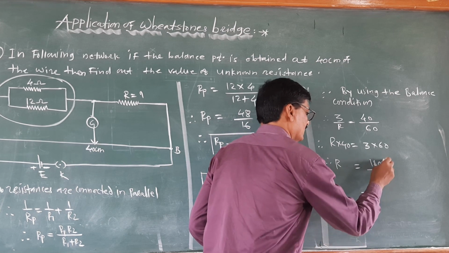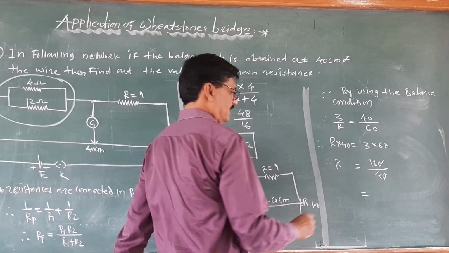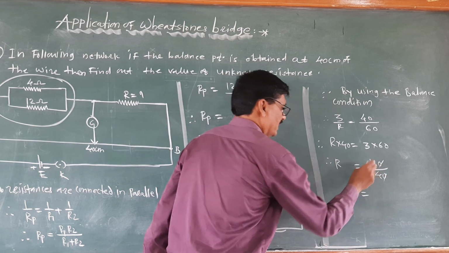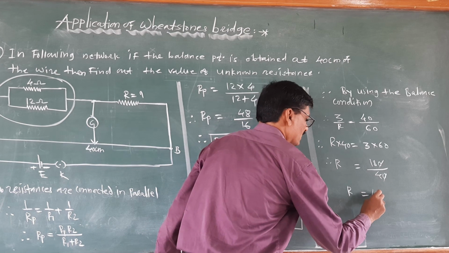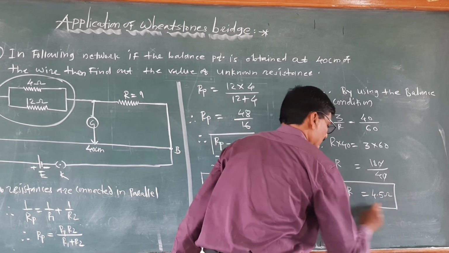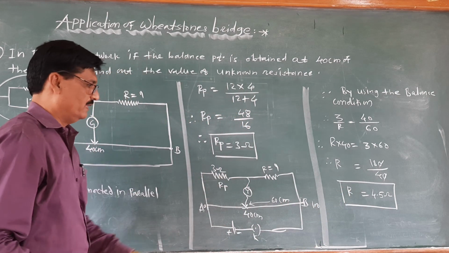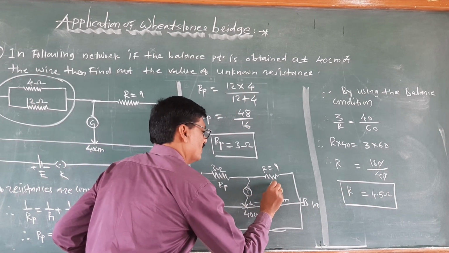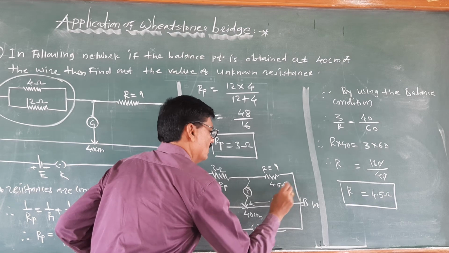After cancelling the 0, R is equal to 18 divided by 4, that is 4.5.